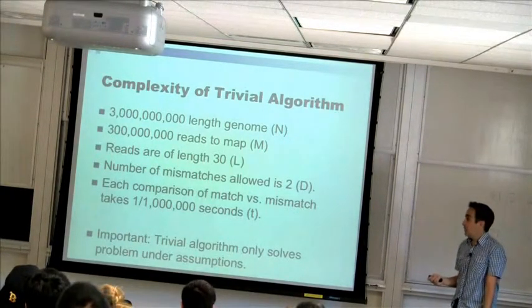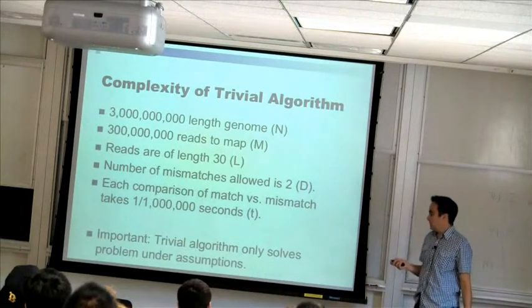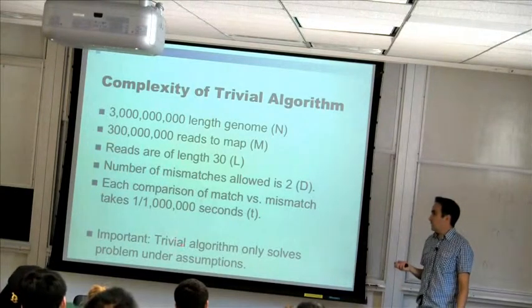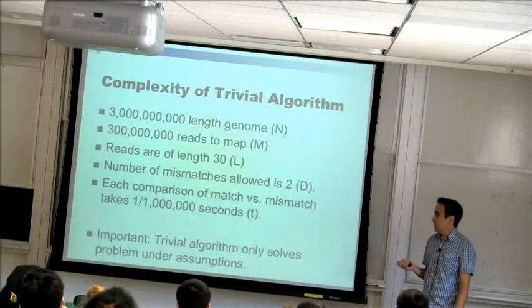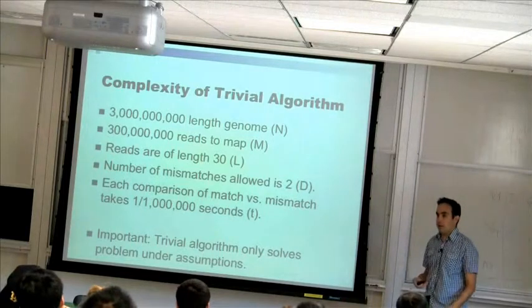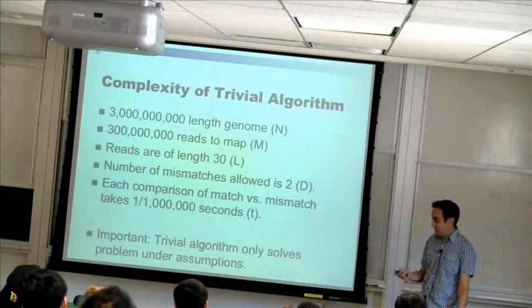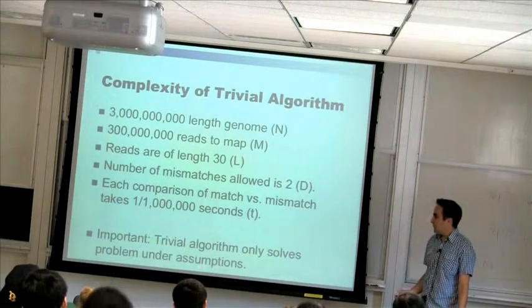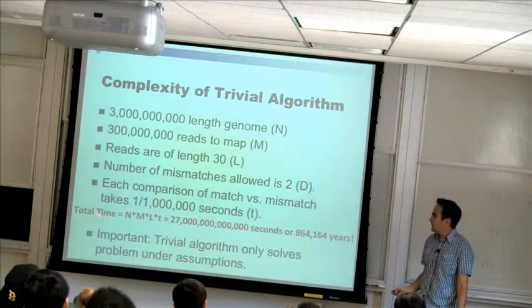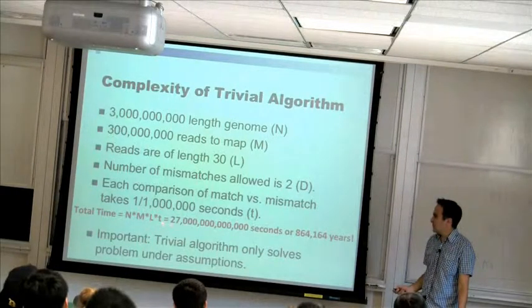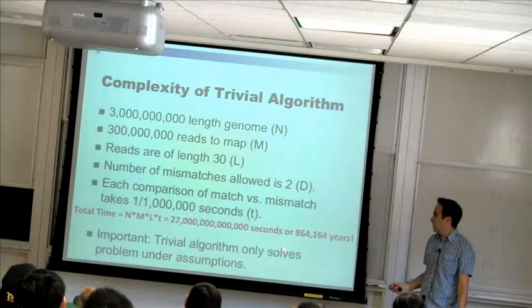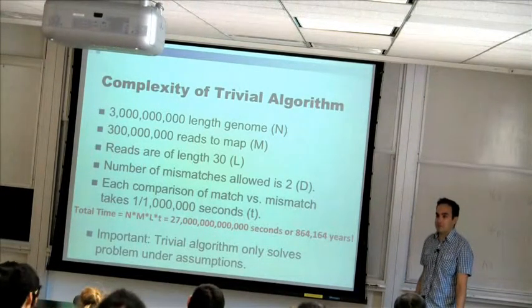The reads are length L. The number of mismatches I allow is D. And let's say I have a computer that can compare a match to a mismatch 1 million per second. I don't know if that's fast or not, but let's just say that's the case. Then it would take n times m times L times t seconds, which is like, I don't know, 27 something seconds, or 864,000 years.